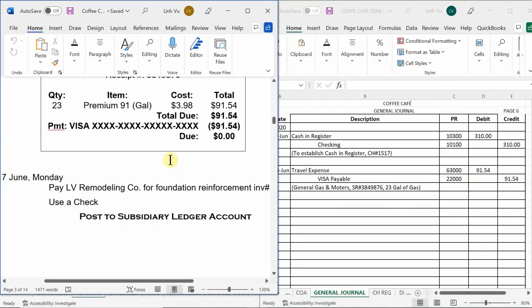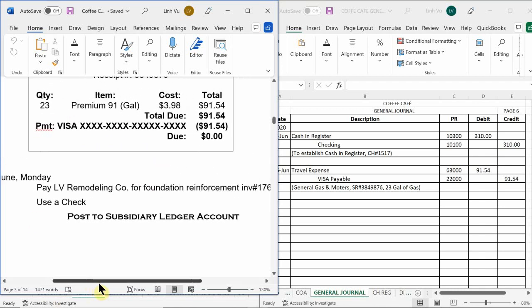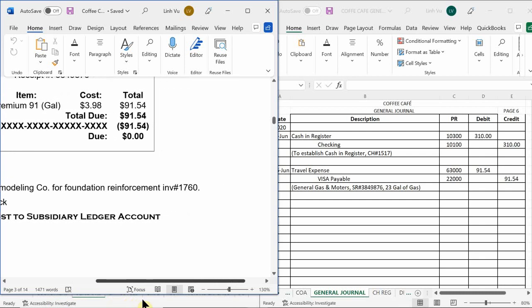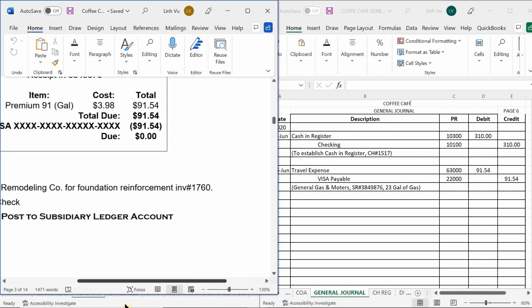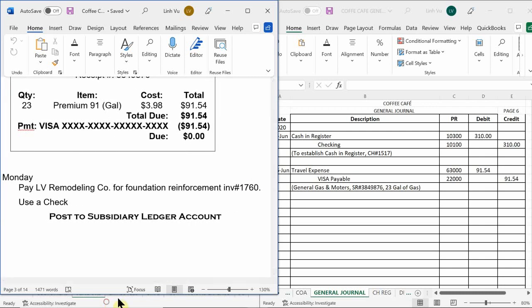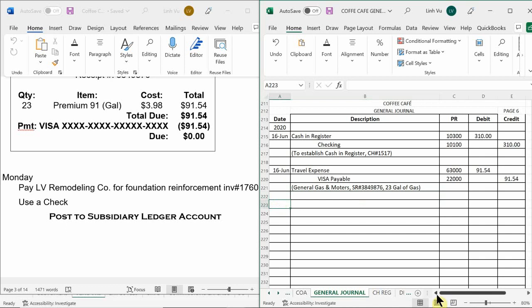Okay, so now it's officially the 17th of June, and the first thing we have to do is pay LV Remodeling Company for the foundation reinforcement, which is invoice number 1760. Use a check. Okay, so we've got to know how much it was for.